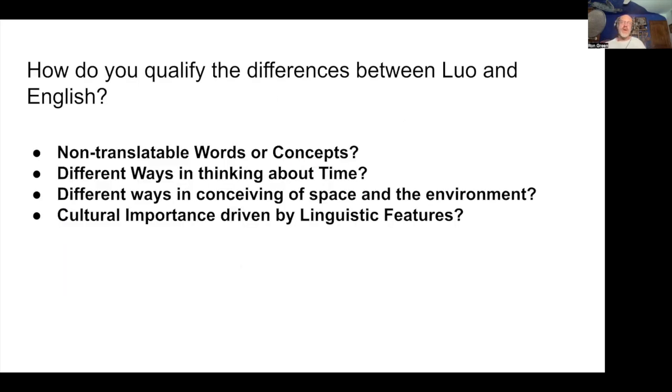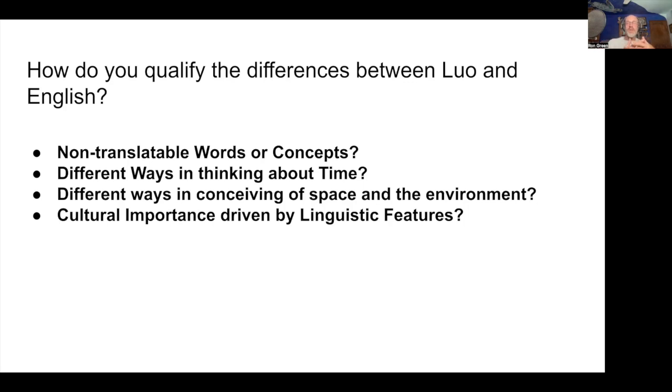Okay, so here are the questions that we'll be diving into today: how do you qualify the differences between Luo and English? We really want to create a concept map, or at least a working conversation around the conceptual differences between English and Luo. It will help me understand better how to learn Luo.